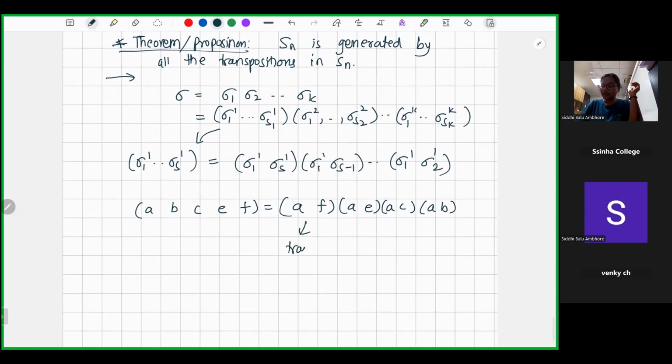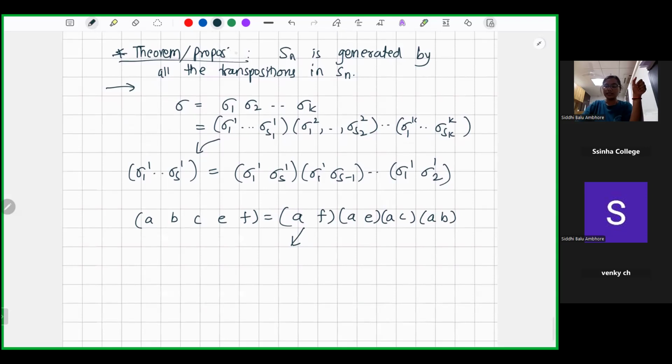These are all transpositions. So we can write each element in Sn as a product of transpositions. So the collection of all those transpositions will generate the entire Sn, because when we say that a given set generates our group G, it means that products of those elements are enough to generate my entire G. That's what transpositions are.